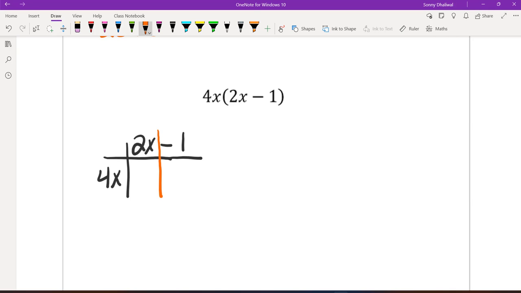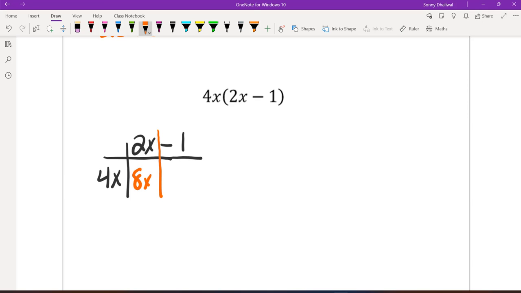What goes in that first box? You pick whatever method you want to do it. You don't have to do this method. So what goes here? Yeah. Ethan, what goes here?